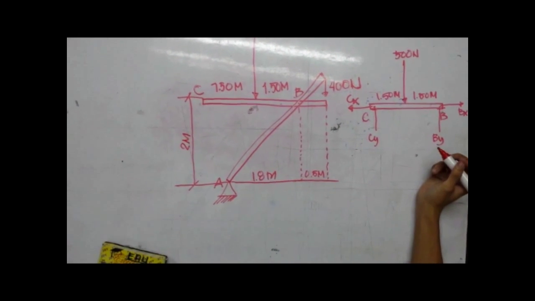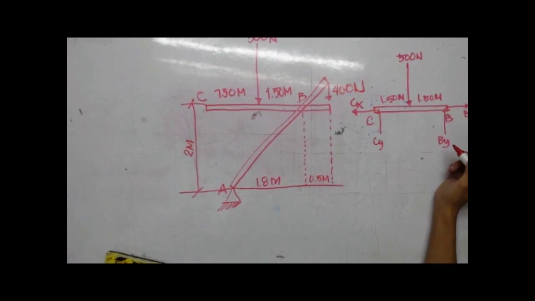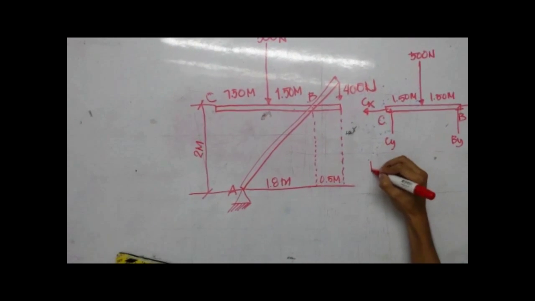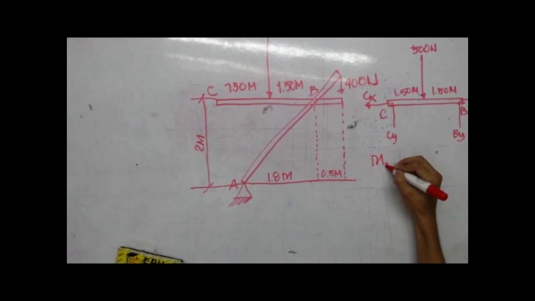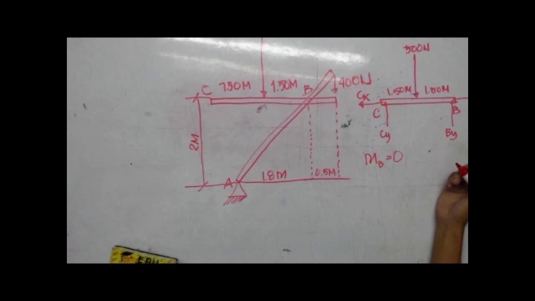With this, we're gonna use moment at point B to get the value of Cy. So you have moment at point B. You know that is 0.